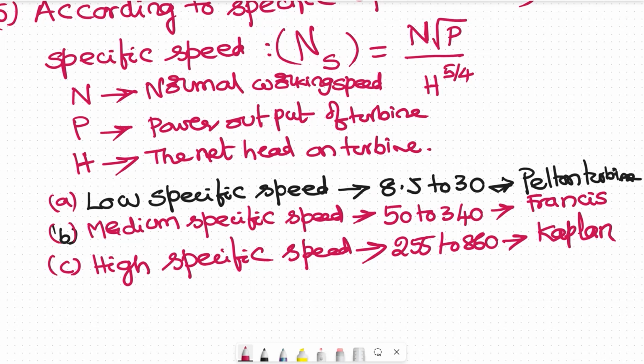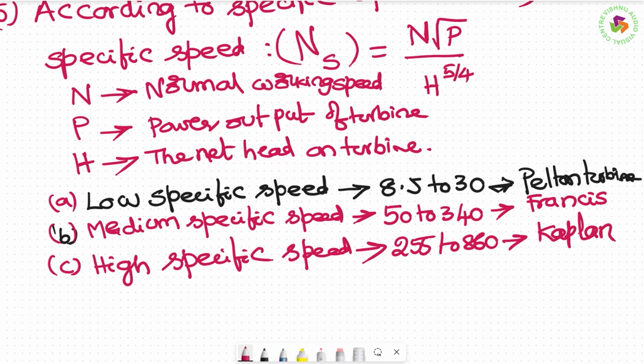Second is according to the direction of flow: tangential, radial, axial, mixed. Third is according to the head and quantity of water: high head, medium head, low head. Fourth is disposition of the shaft: horizontal, vertical. Last one is according to specific speed: low, medium, high specific speed. So this is one question which I have completed.